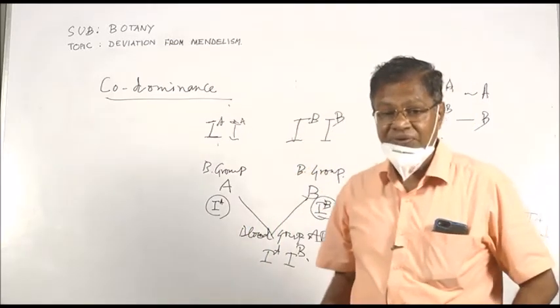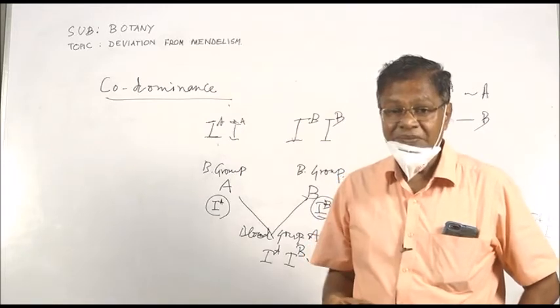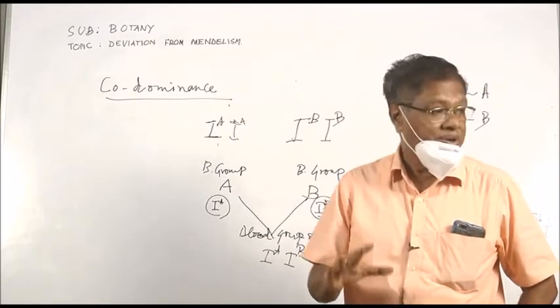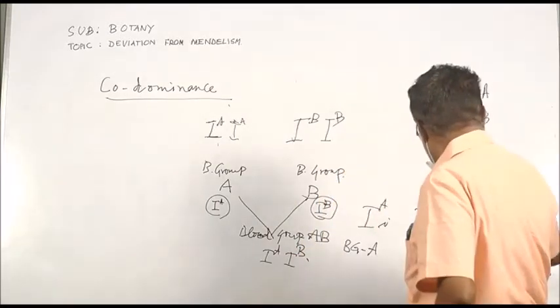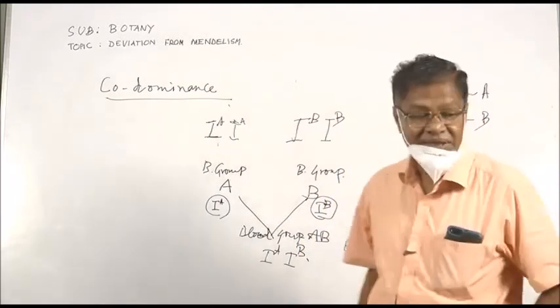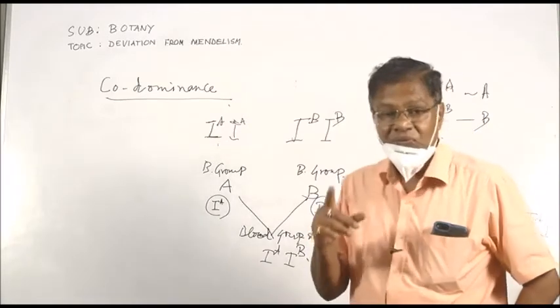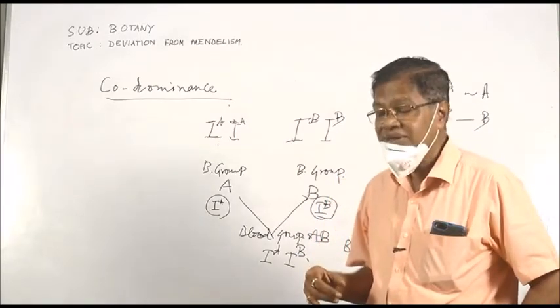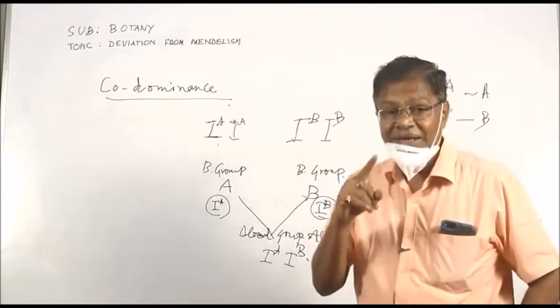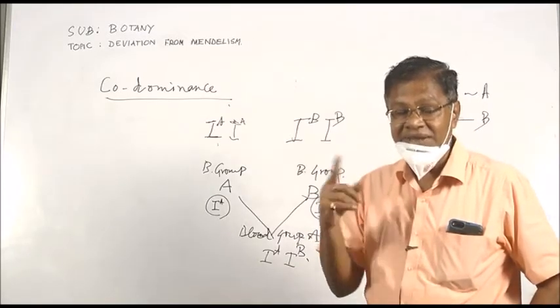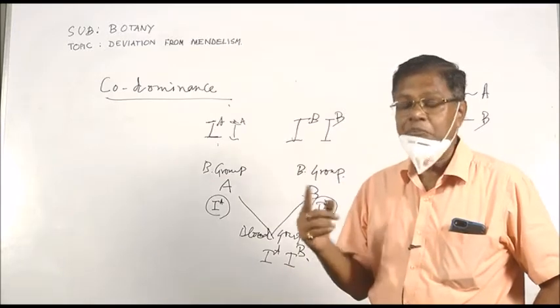My wife has O blood group, that is small i, small i, she is having O blood group. Now, one of my sons has a blood group of A, and the other son has blood group B.